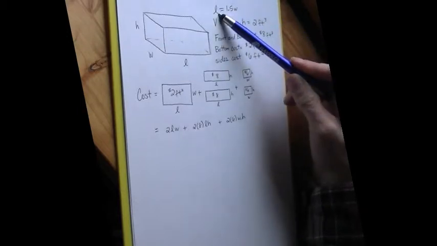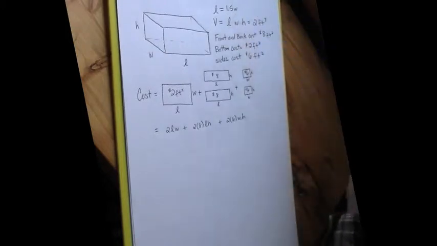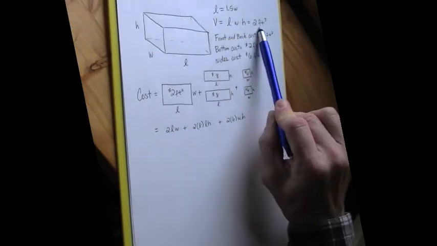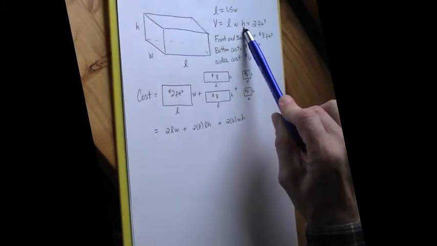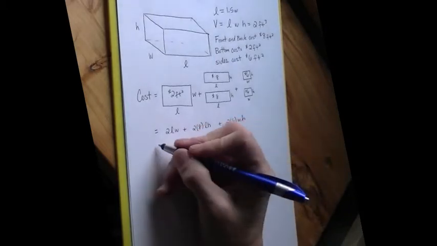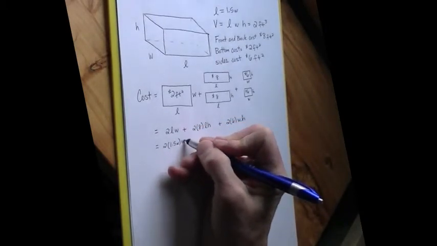All of the lengths can be replaced with 1.5 times the width, and I can use the information about the volume to get an expression for the height. So first, why don't we replace all the lengths with 1.5 times the width.